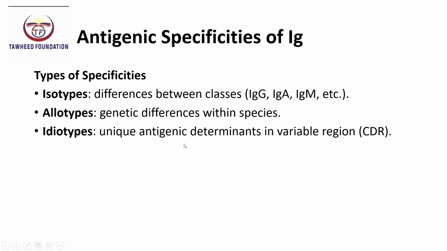Idiotypes, these are unique antigenic determinants located in the variable regions of immunoglobulins, particularly in the hypervariable CDR regions. Each antibody produced by a single B cell clone carries a distinct idiotype. Because idiotypes are unique, they themselves can act as antigens, stimulating the production of anti-idiotype antibodies.